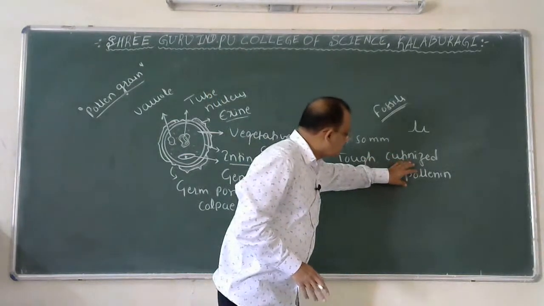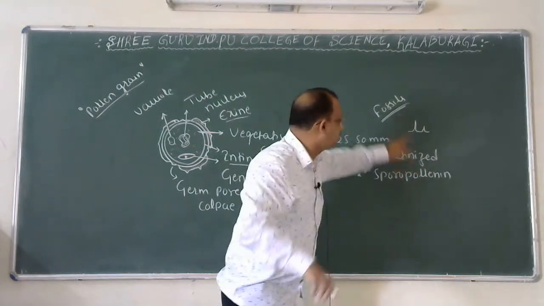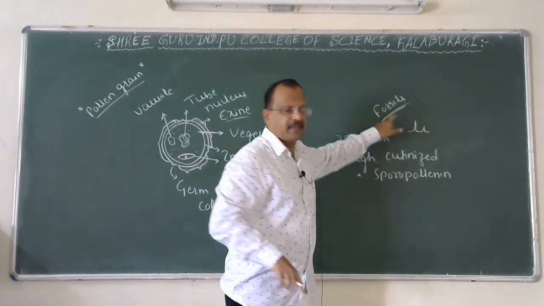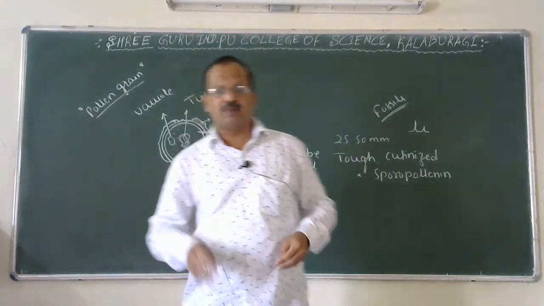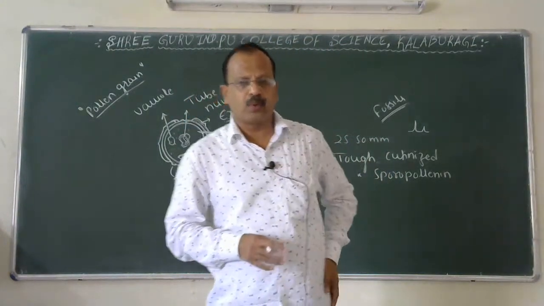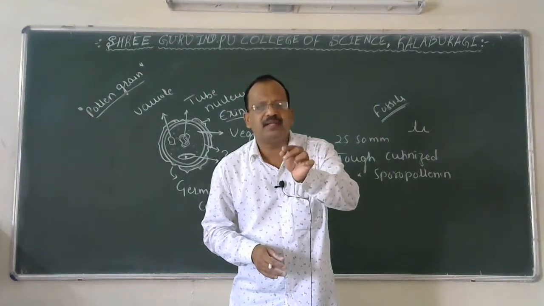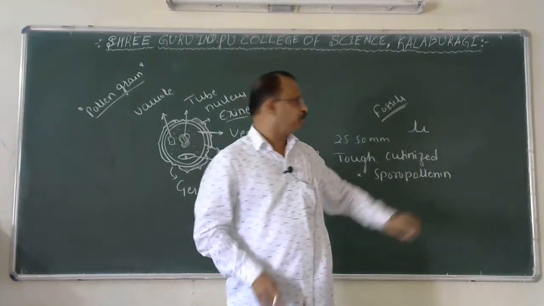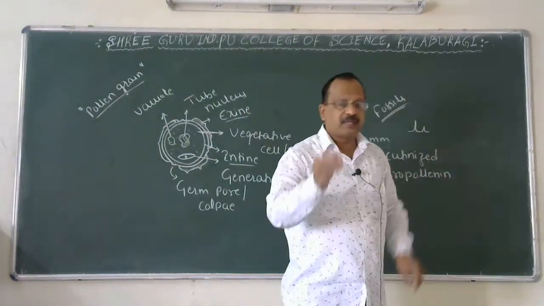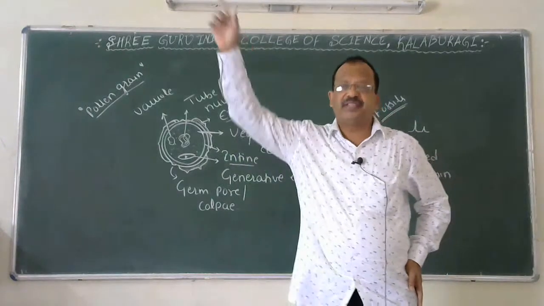Due to the presence of sporopollenin, pollen grains can be preserved as fossils. This word fossil we have come across in 10th standard. As a part of my duty, I will provide you one simple definition. Fossils are the preserved remains of plants and animals that once existed.